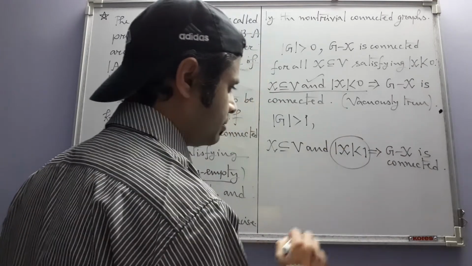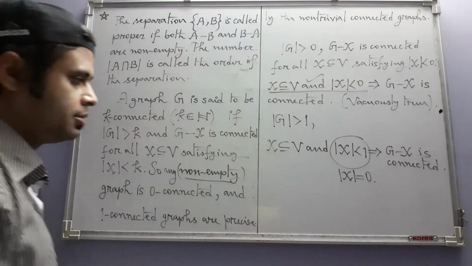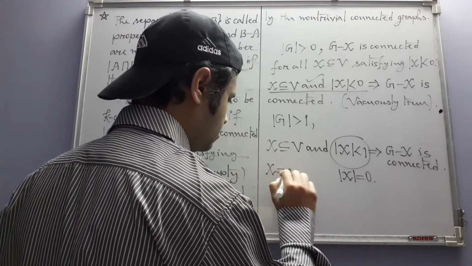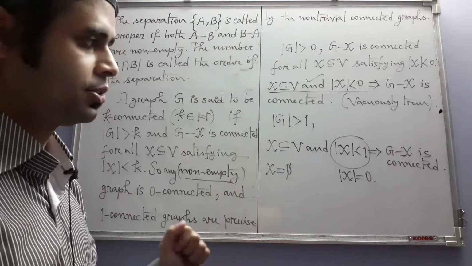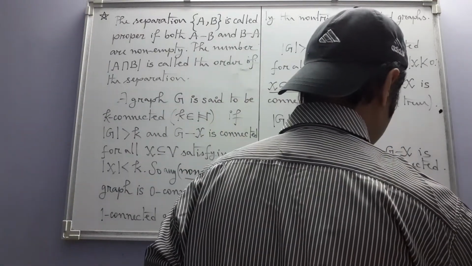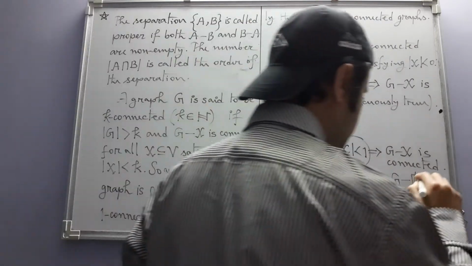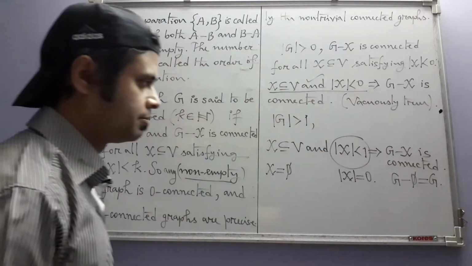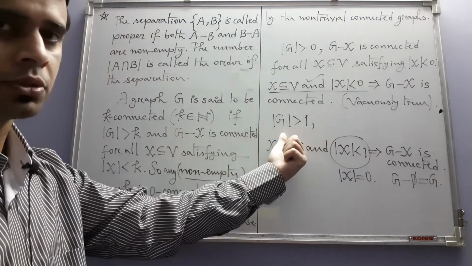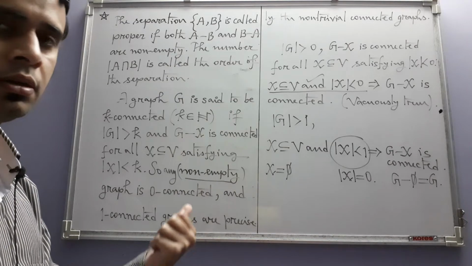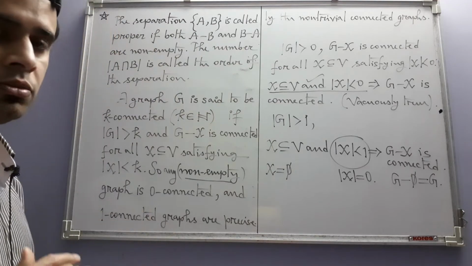This tells us that the cardinality of X should be equal to 0, that is, X should be empty. That is the only choice for X. What about the conclusion of the implication? This must be connected, which is nothing but G itself, and G is given to be connected, so this condition is true, and this of course is true because we have chosen G to be non-trivial. So any non-trivial connected graph is one connected.